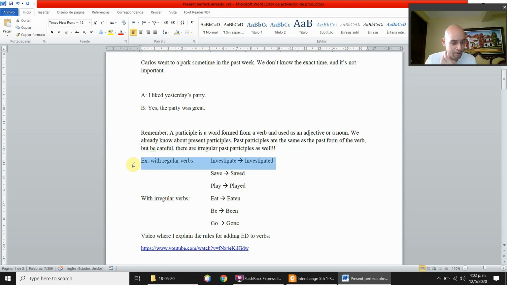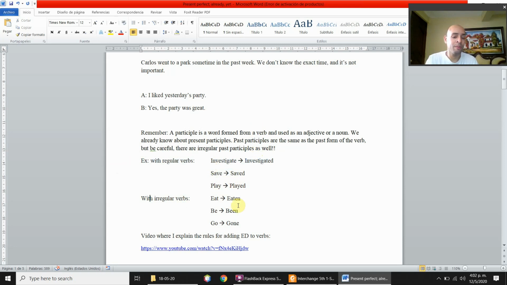Let's see some examples. With regular verbs, investigate, investigated; save, saved; play, played. As you can see, they follow the same rules as the simple past form of the verb.